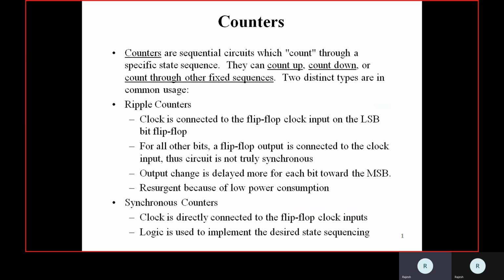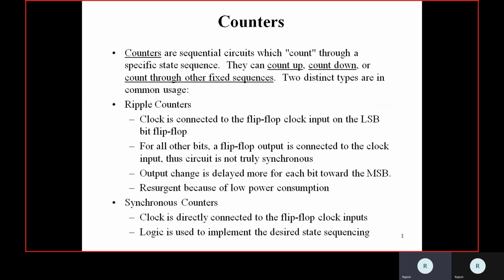Counters are sequential circuits which count through a specific state sequence. So you can design to count through a specific state sequence, and that is with respect to a clock. For each clock pulse, we can change the state of the flip-flops, and over a set of clock pulses, we can make it count through a specific state sequence.